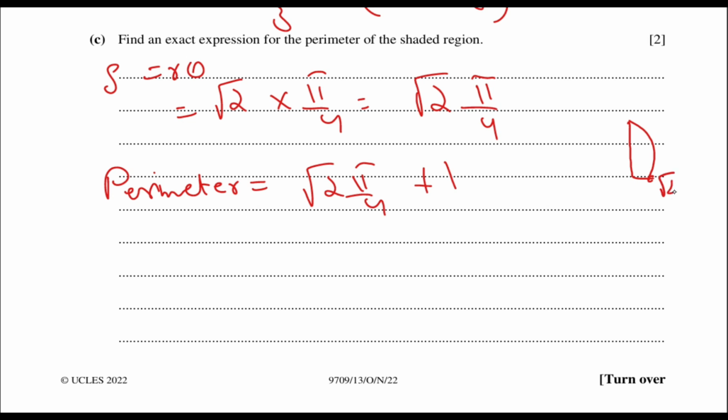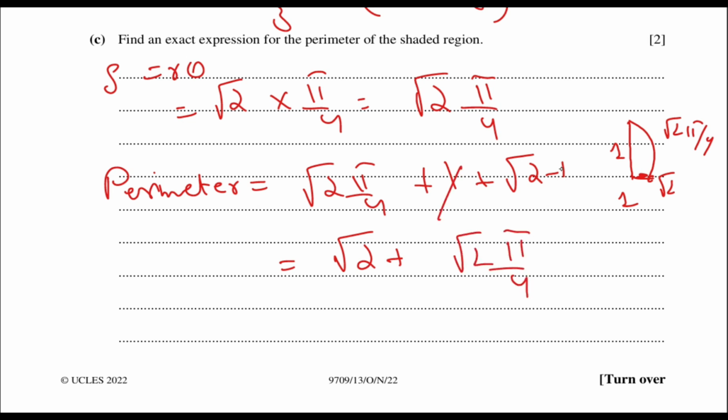This point is root 2, this point is 1, and this side is 1, and we have to calculate root 2 pi by 4. So this side will be equal to root 2 minus 1, and we will have root 2 plus root 2 pi by 4, because the 1s cancel out. At the end we will have root 2 times 1 plus pi by 4. That will be our perimeter.